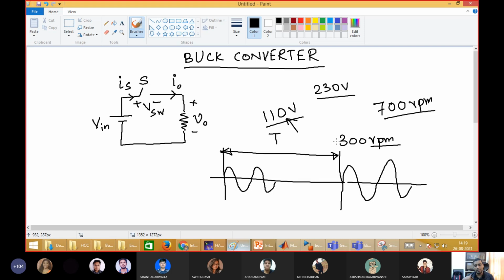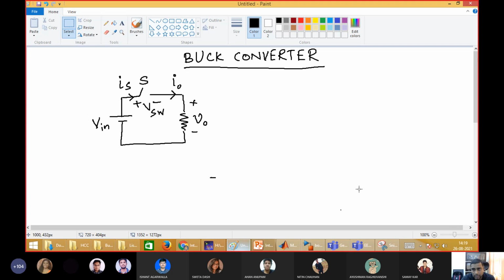So the variation in speed will remain. We were looking for a 300 RPM steady state speed, and you will face difficulty getting this because of low inertia. This is equivalent to what we are going to discuss on the buck converter.